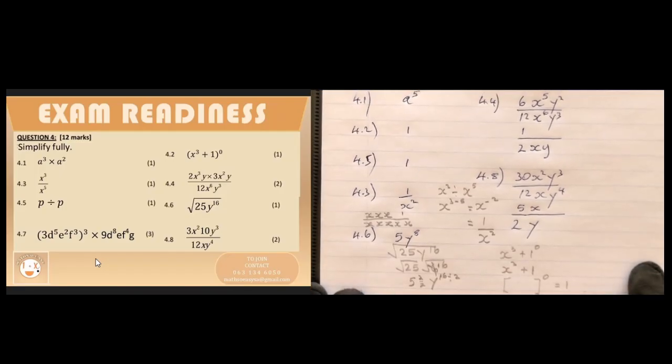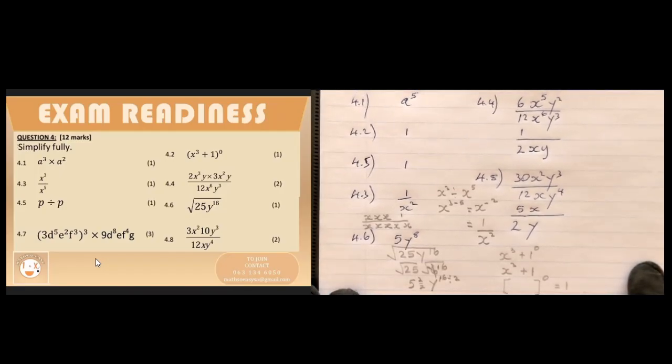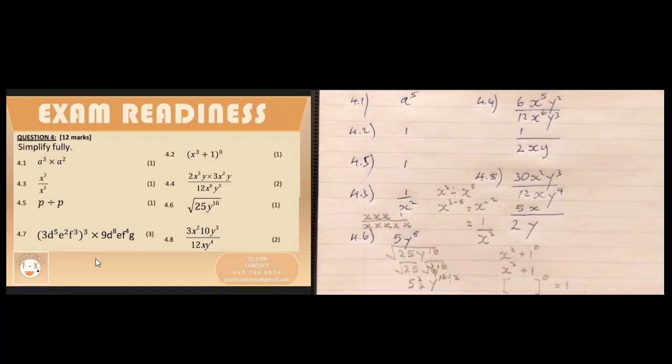This is what this whole exercise is about. Remember, do you know your exponents? Do you know the rules for multiplication, for division, for raised to 0, for raising power by power? Do you also know your square roots? Do we divide by 2? We divide by 2. Okay.